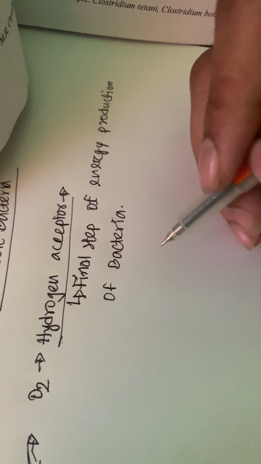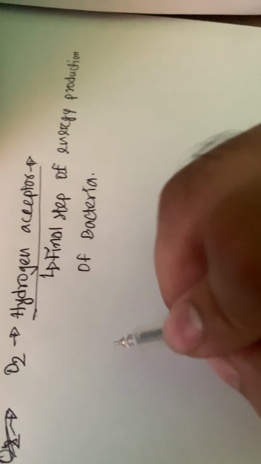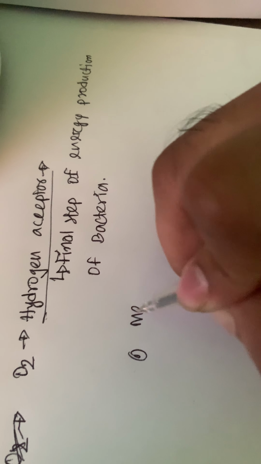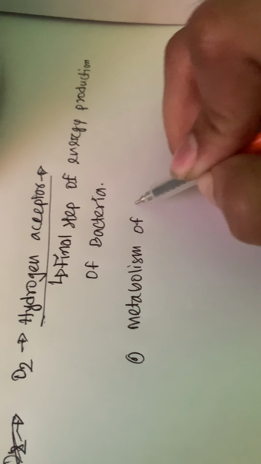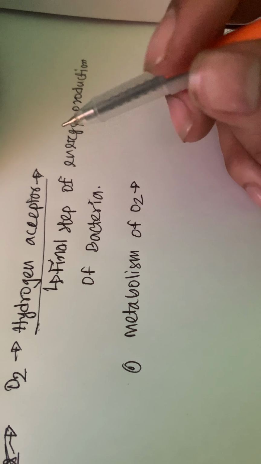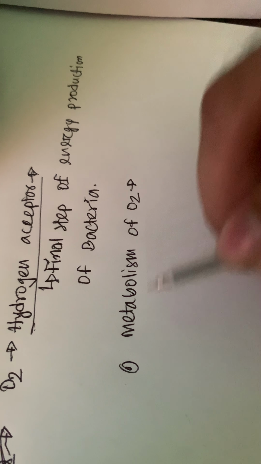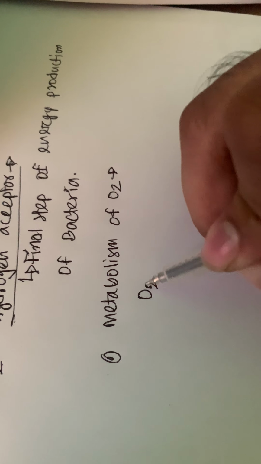So during metabolism of oxygen, O2 generates two toxic molecules. We all know O2 means oxygen.